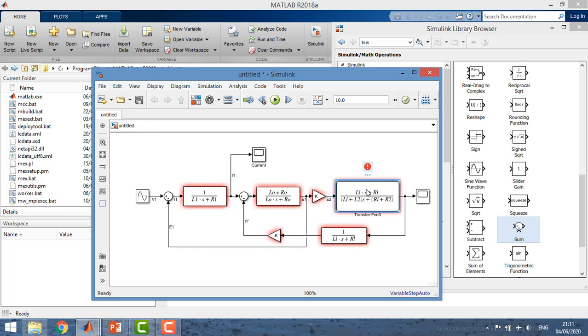Now it's a little bit tricky here, but the main idea is to avoid using a transfer function which has a numerator order higher than the denominator.